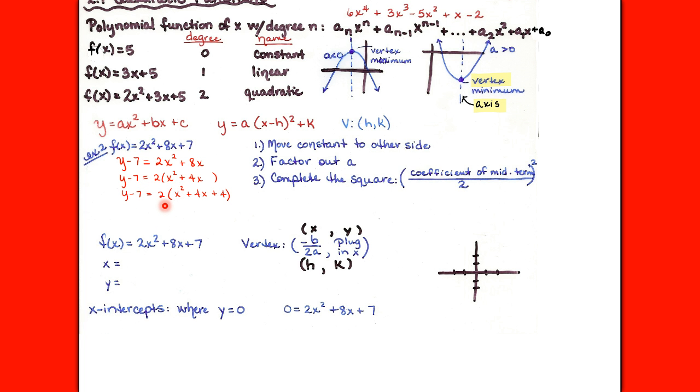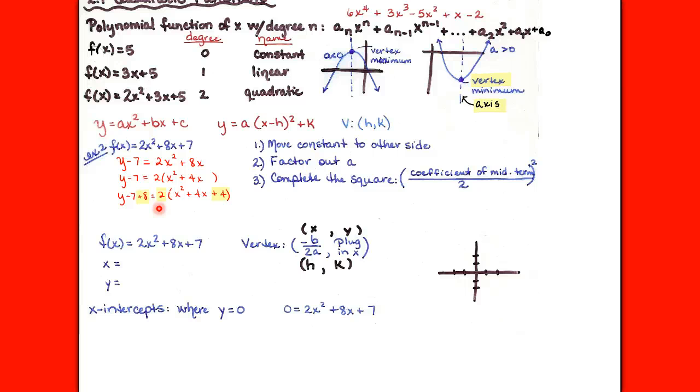So what did I really add to that side? 8. So when we say what I do to one side, I do to the other side, I have to add 8 to the other side to compensate for the 4 that we added inside the parentheses being multiplied by 2. So we really added 4 times 2, 8. So we're going to add 8 to the other side as well.